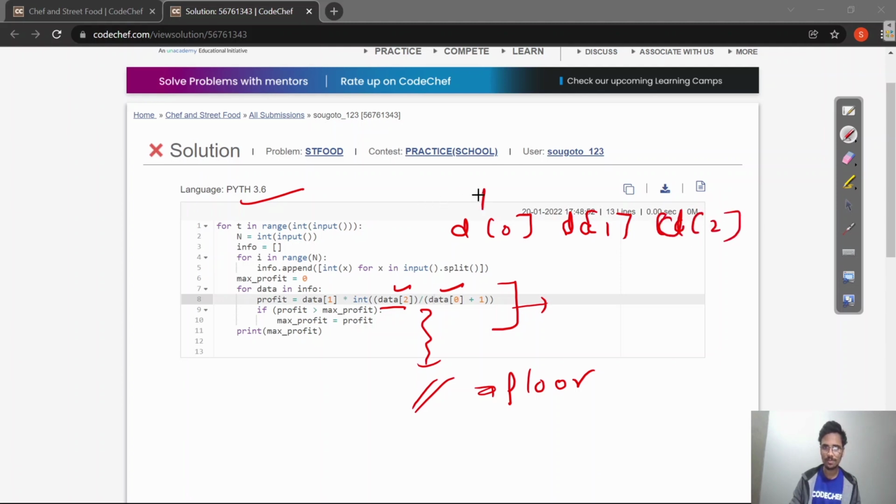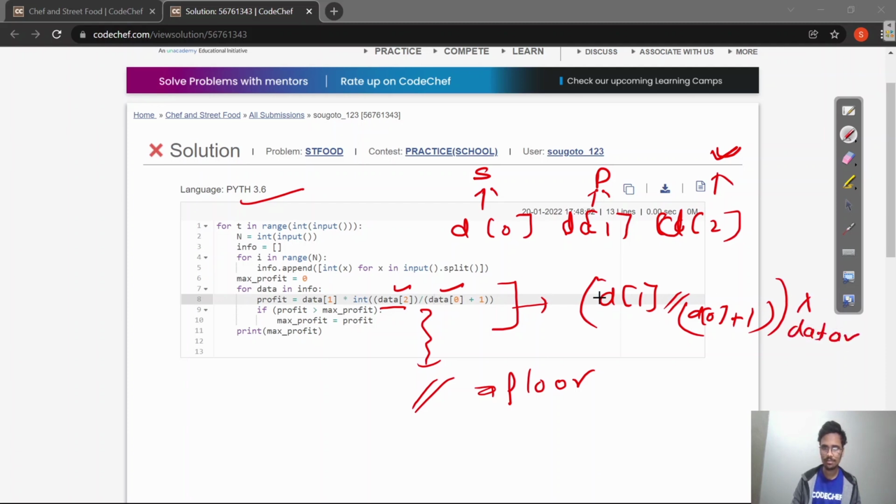So data 0 will be S, data 1 will be P, and data 2 will be V. So we need data 1 divide by data 0 plus 1, okay, and then multiply this with data 2. Okay. So this is the wrong part here.